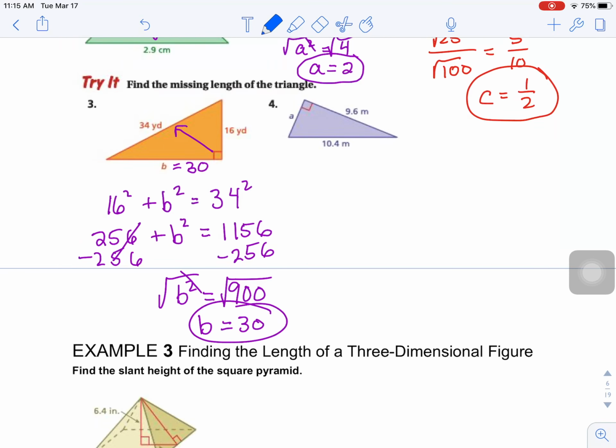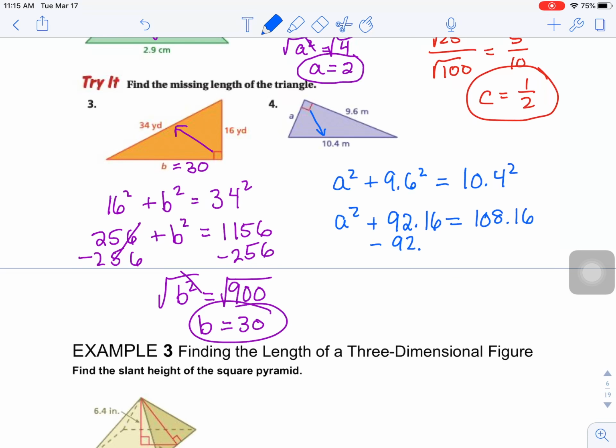Alright, same idea here. They gave me the hypotenuse, so a squared plus 9.6 squared equals 10.4 squared. If I evaluate that, and I'm using a calculator to get these answers, I don't expect you to know 9.6 squared or 10.4 squared in your head, I can subtract my 92.16.